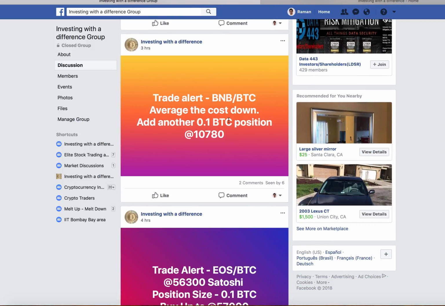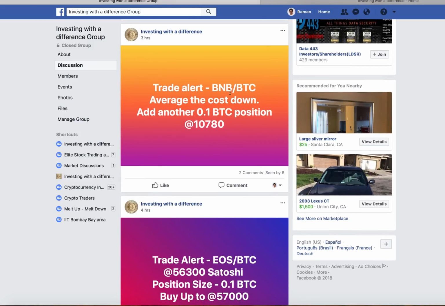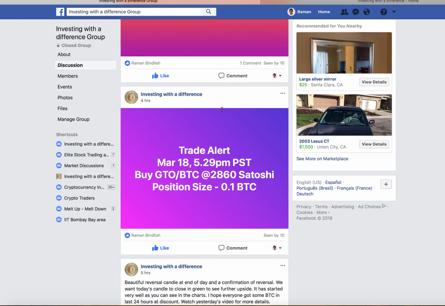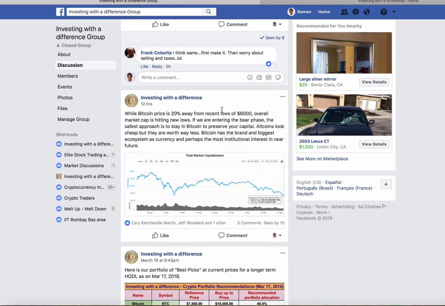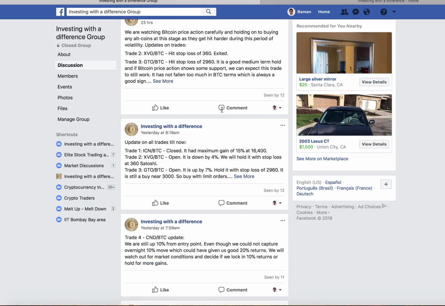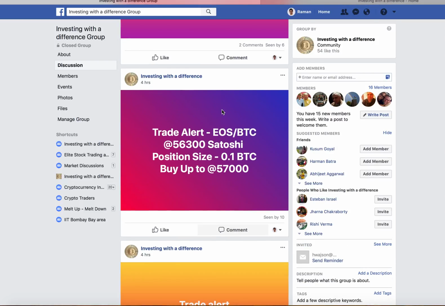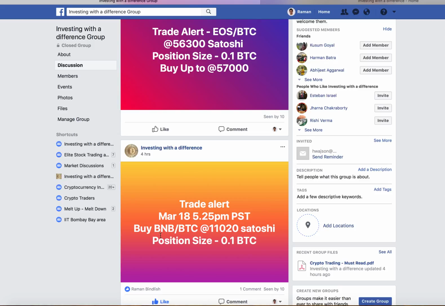And one example of averaging, like we did with BNB, which is the Binance coin. If you go down, we issued an alert to buy Binance at 11,020 Satoshi.